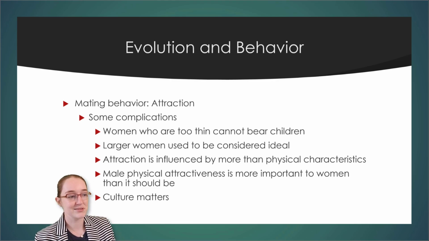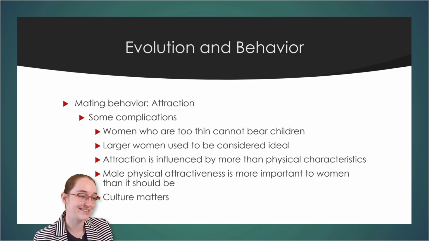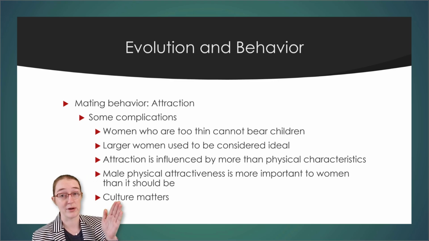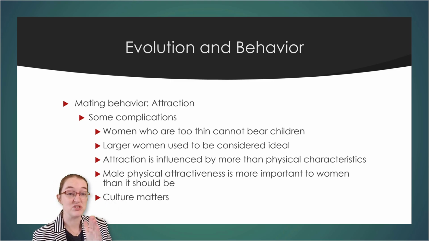But there's also this interesting cultural phenomenon in the United States where thinner is considered more attractive, but there is a point where being too thin means you can't bear children. So a lot of really thin girls, a lot of women who suffer from anorexia, they don't get their periods. They cannot produce a baby because they don't have enough energy to sustain themselves. Now obviously that's super extreme, and that tends to not be the issue.